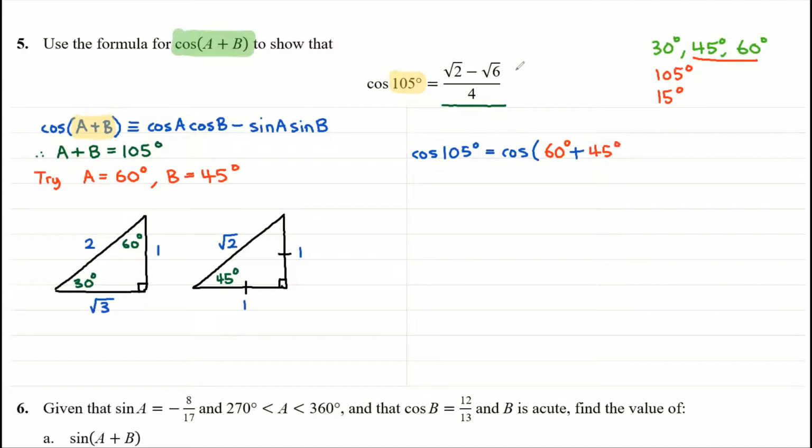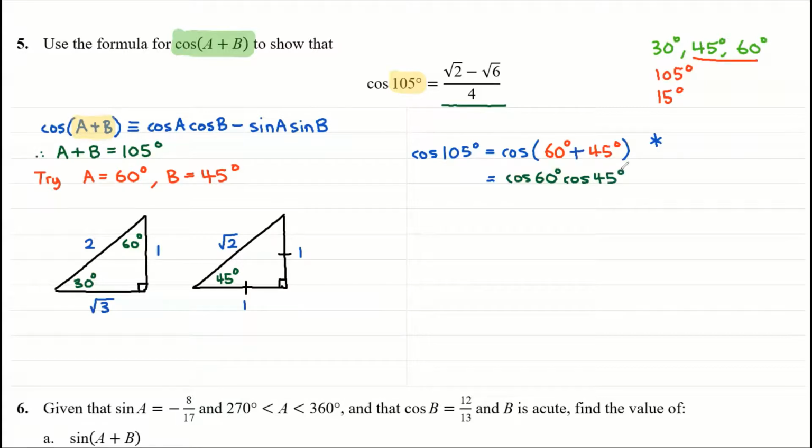And that's the sort of breakthrough step, isn't it? Once you've established that, you're on your way then. So that really important step there. Okay, now we can use the identity. So this is going to be equal to the cosine of 60 degrees multiplied by the cosine of 45 degrees.